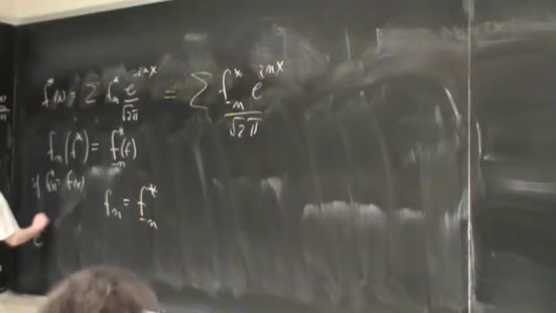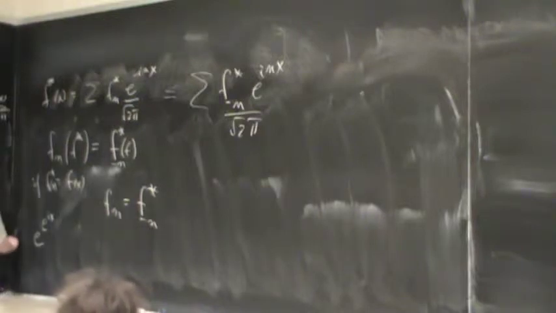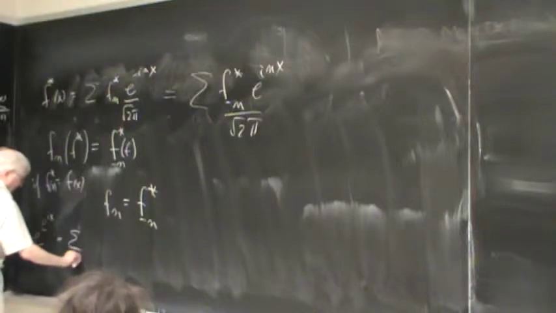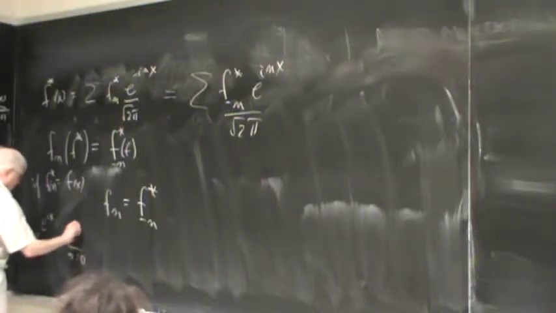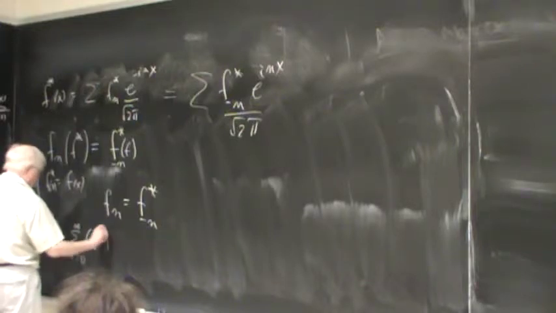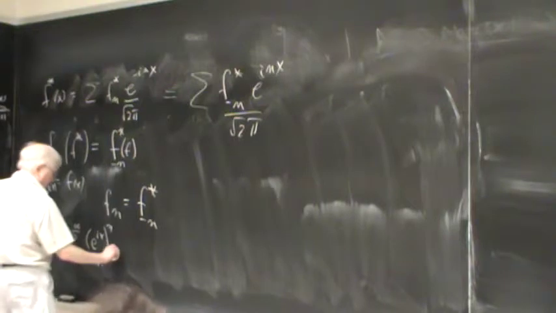A simple example of a Fourier series, this is sort of an instantaneous Fourier series, is this rather elaborate one. Suppose f of x is the exponential of e to the i x. Well, we know what the formula for an exponential is. It's just the sum, n equals 0 to infinity, of e to the i x to the n over n factorial.